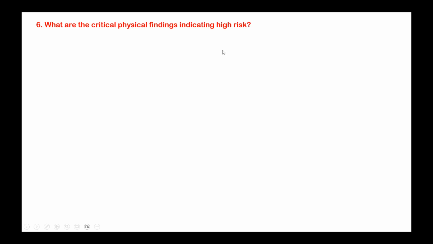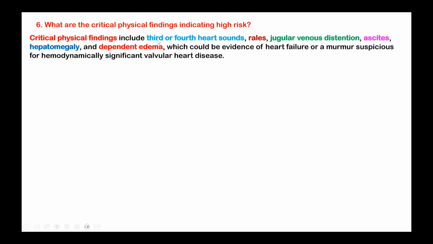And what are the critical physical findings indicating high risk in these patients? They can be classified as a third or fourth heart sound, rales, jugular venous pulsation elevated, hepatomegaly, dependent edema, which are all indicators of heart failure, and hemodynamically significant valvular heart diseases like aortic stenosis.